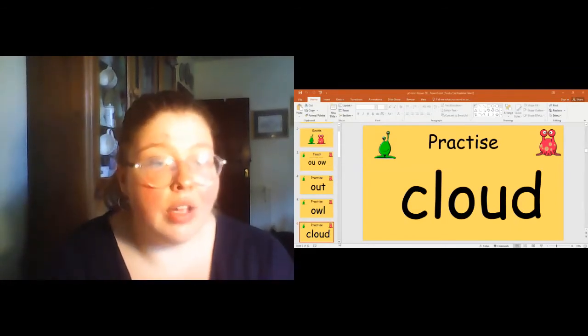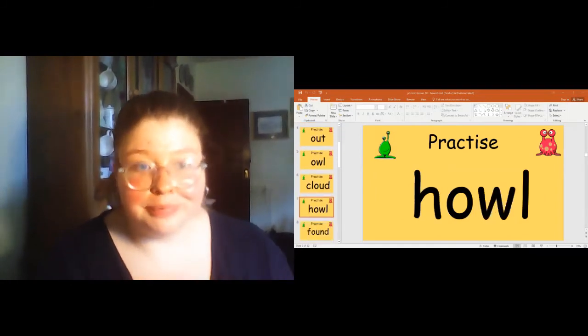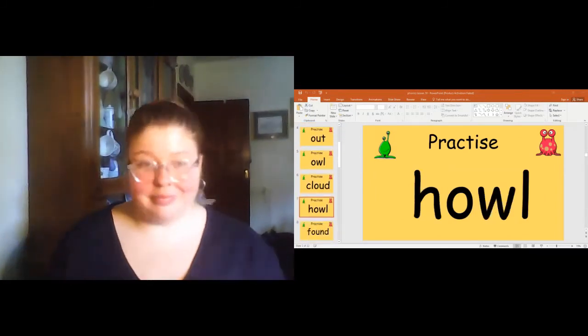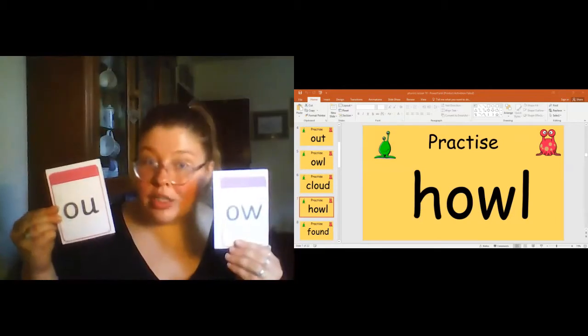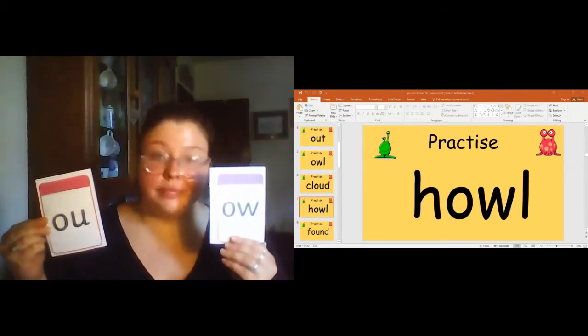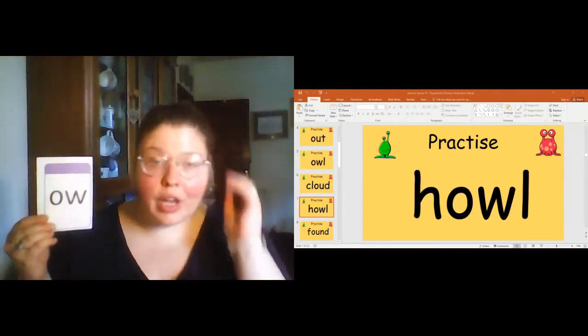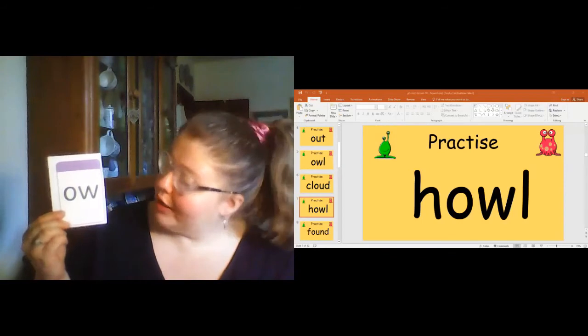Let's have a look at our next word. Can you spot which grapheme is in this one? You're right. It's this ow. Let's have a go at blending that word.